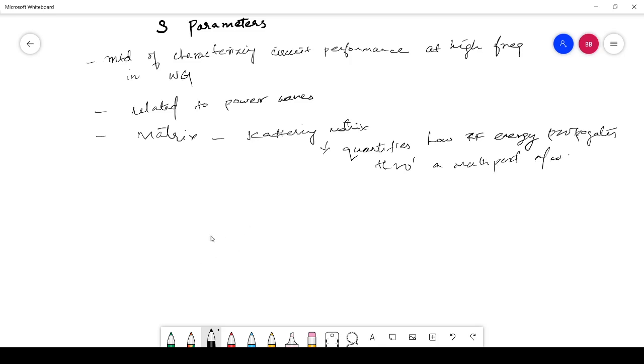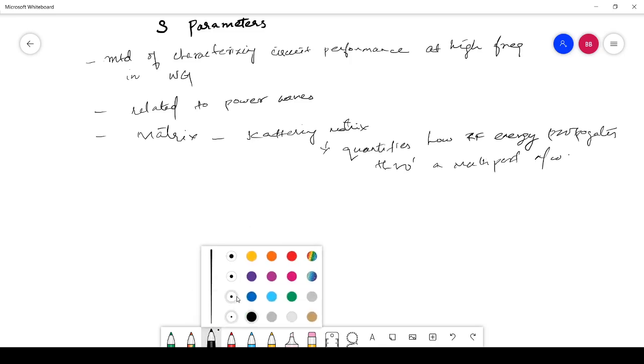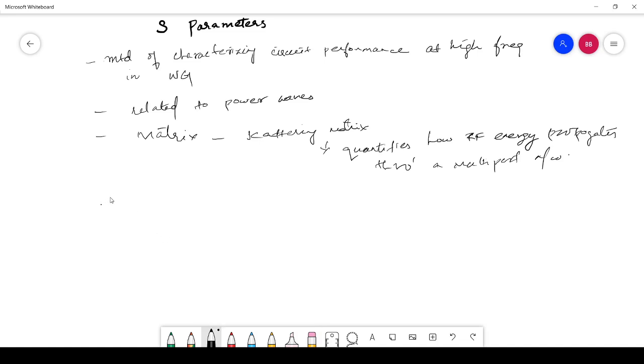In the S matrix, the number of rows and columns is equal to the number of ports.